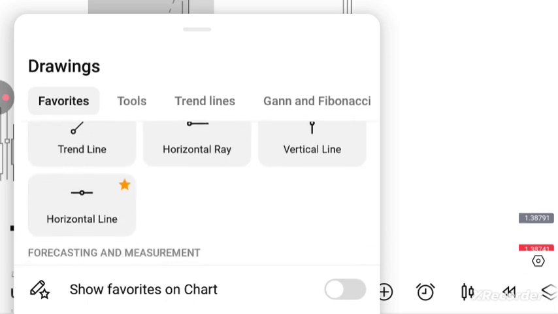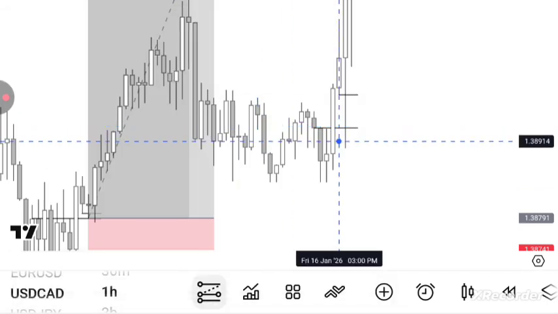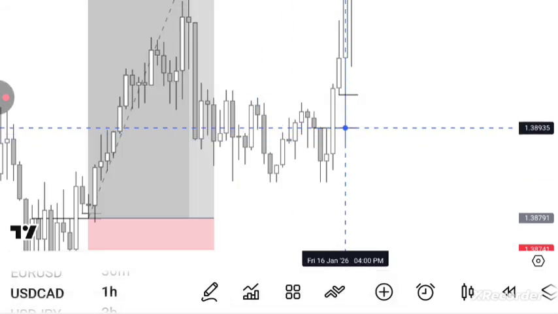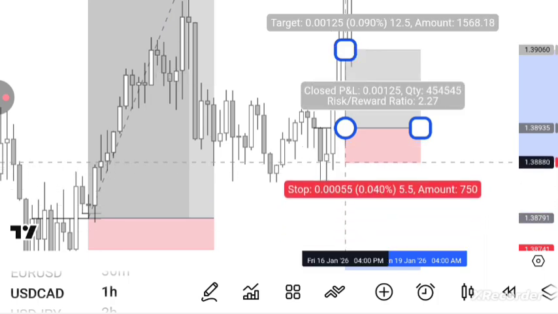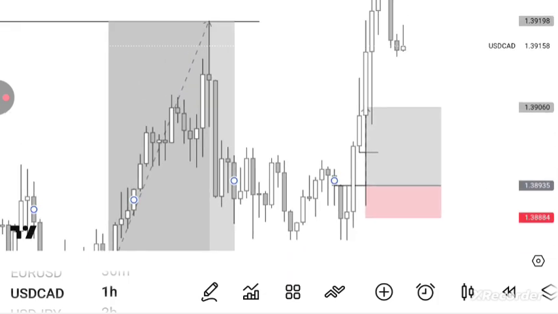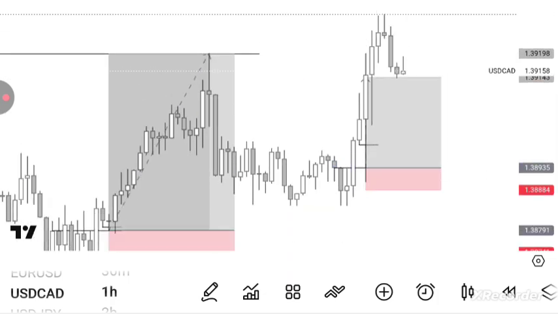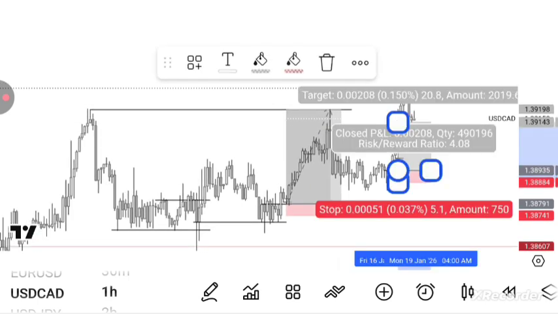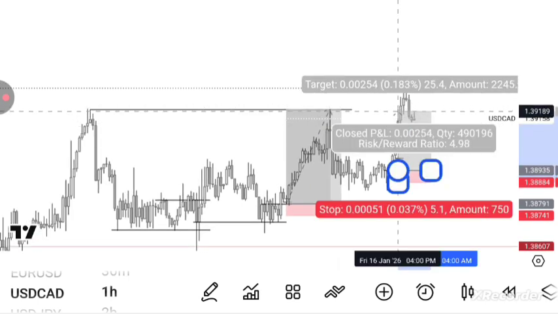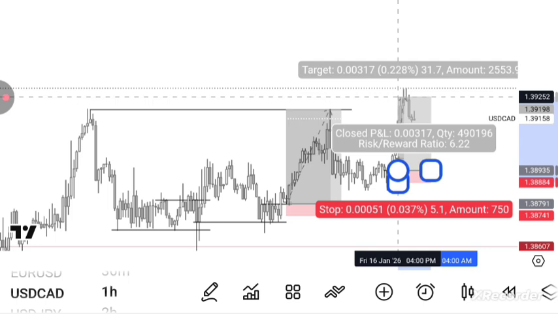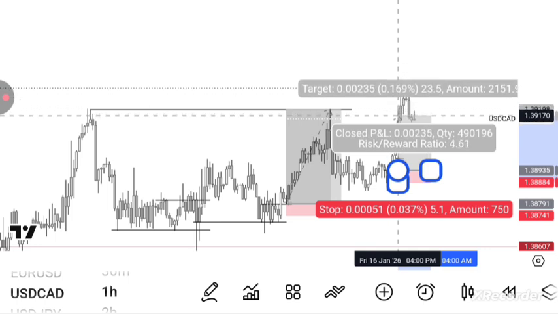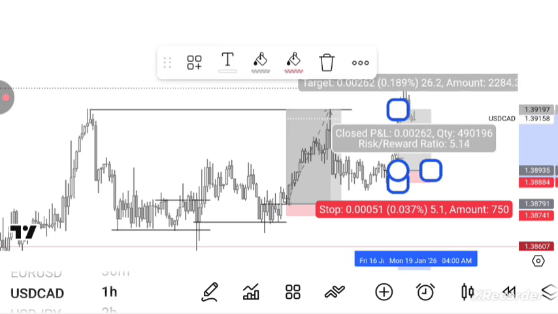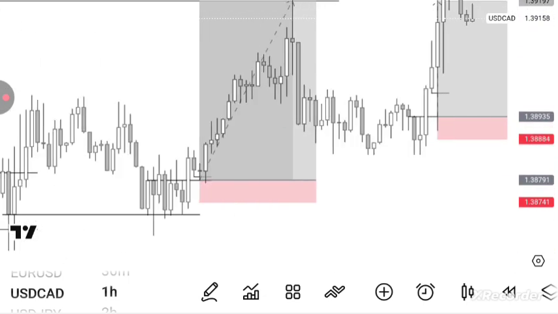Then price bought from that level. So our entry would have been from this level, and SL would have been just below this level, 5 pips, right? Target would have been this high, although price did almost 7R, but the target would have been this particular high here. You could see what price did, right?